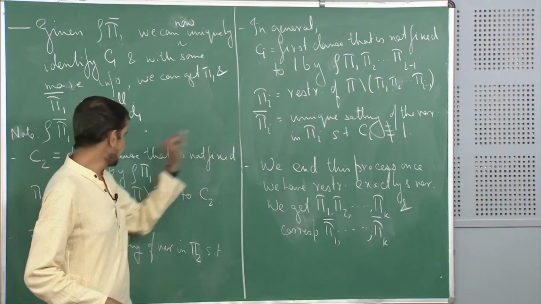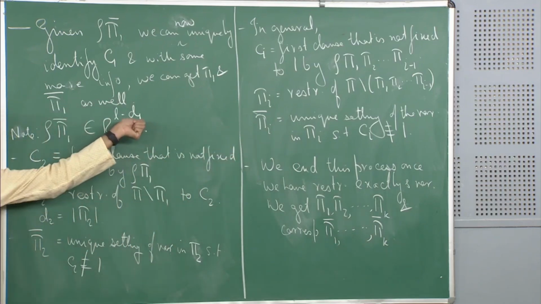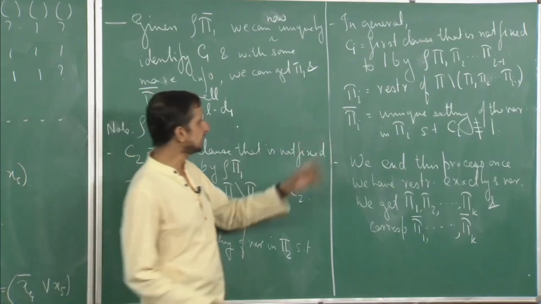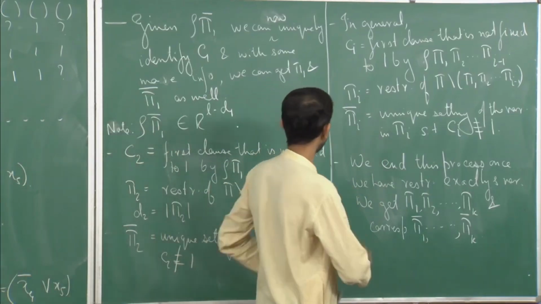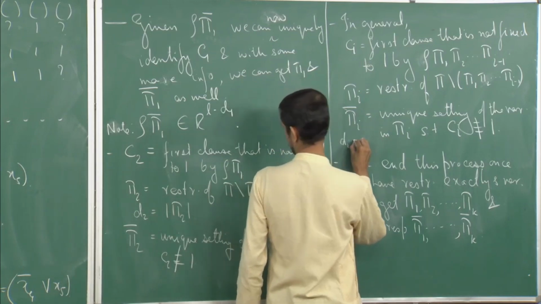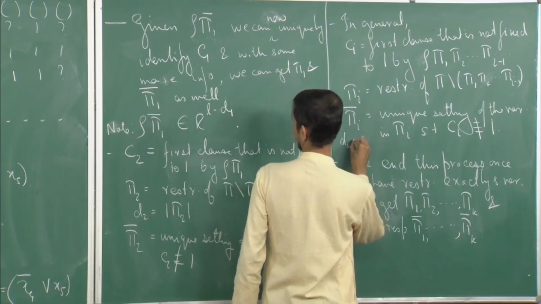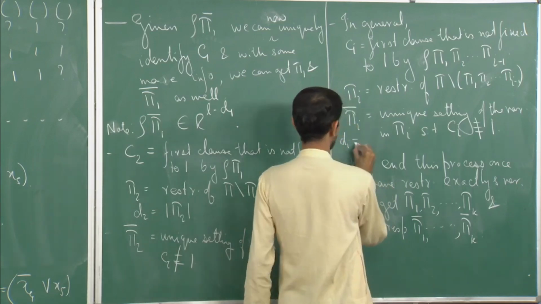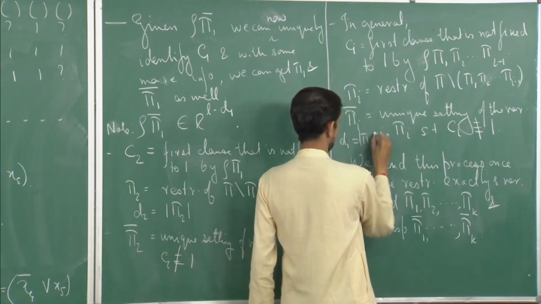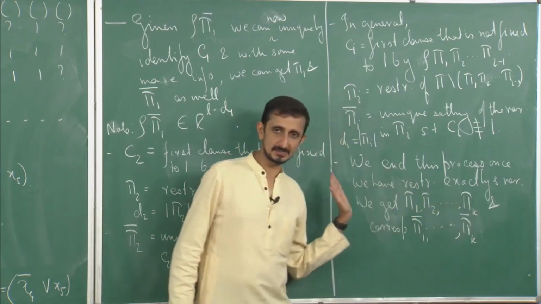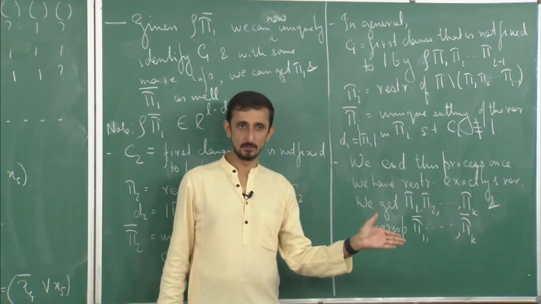In the first stage we have restricted D1 variables, then we restrict D2 variables. In the ith stage, Di is the size of pi i. So, we continue till we reach a point where the sum of these Di's is exactly equal to S.